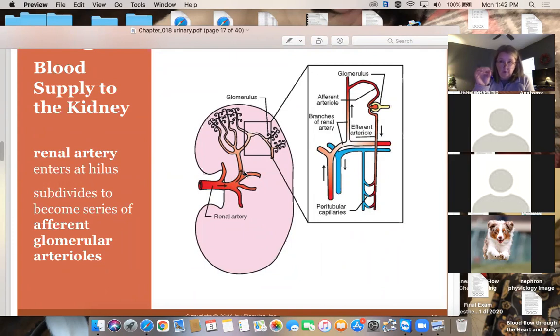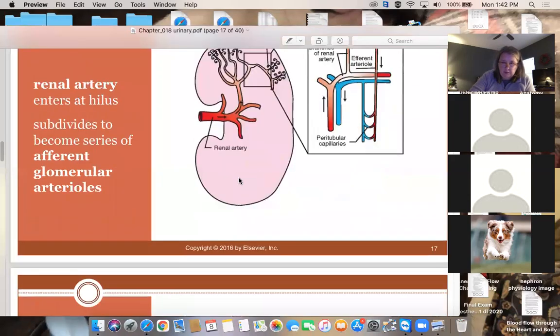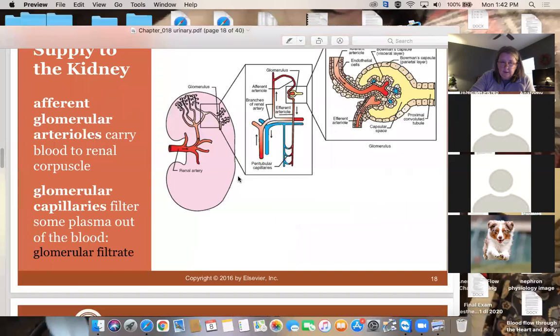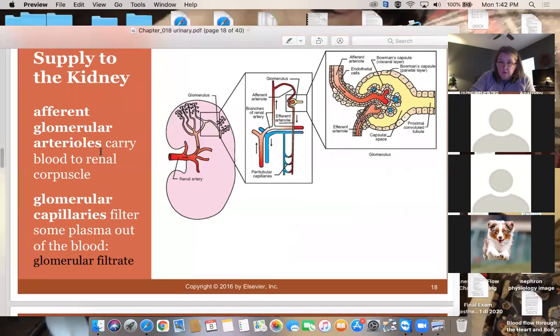If there are 200,000 nephrons, I have 200,000 renal arterioles. When a renal arteriole branches, it goes via an afferent arteriole.